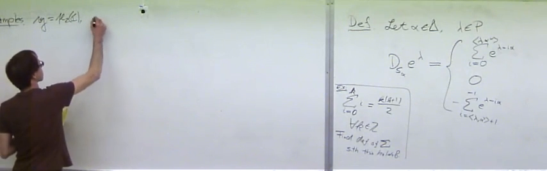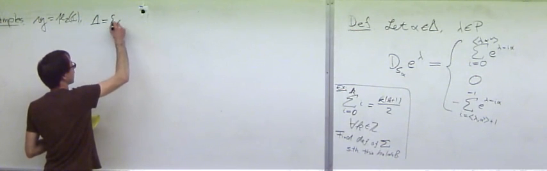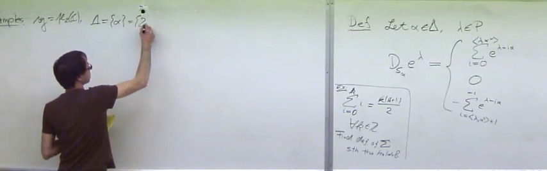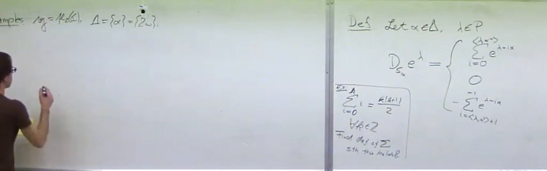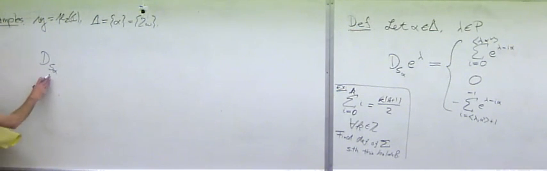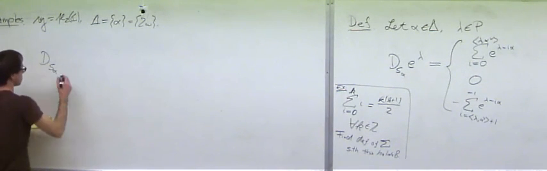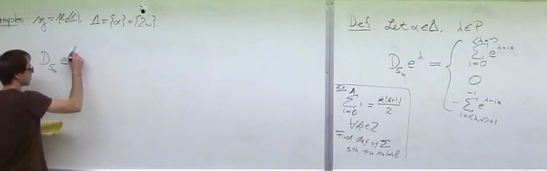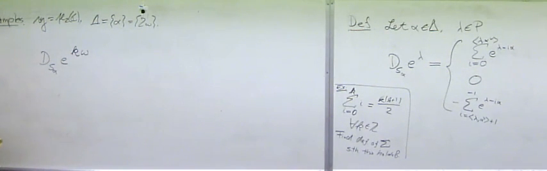As usual, our simple root is called alpha, which is 2 omega. There is only one Demazure operator, the one associated with this root alpha. What happens if I apply it to some monomial e to the k omega?